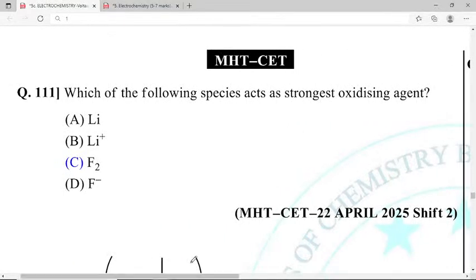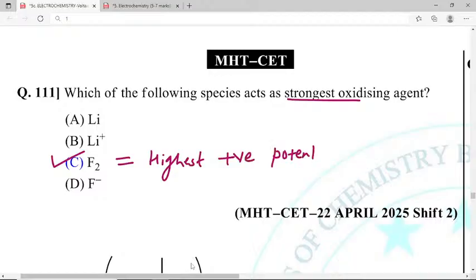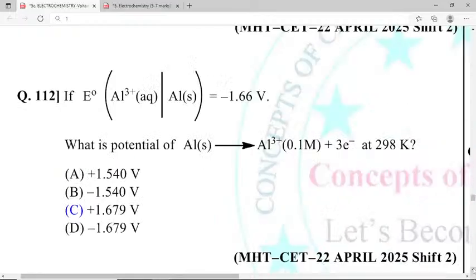Which of the following is the strongest oxidizing agent? Same question. Strongest oxidizing agent has the highest positive potential. ठीक है, सॉल्व करा हे इक्वेशन.